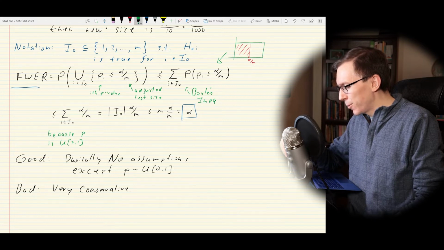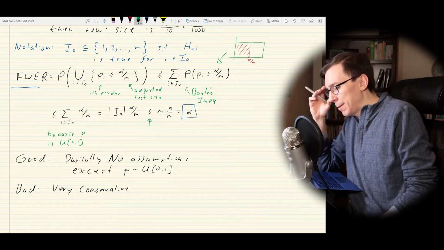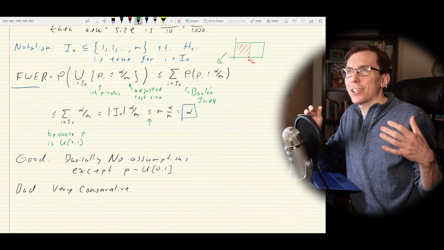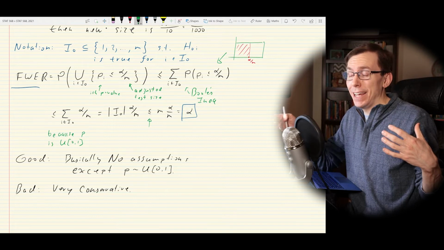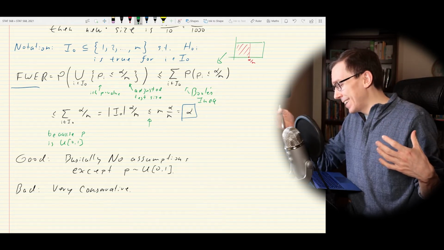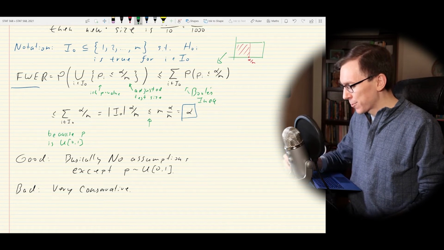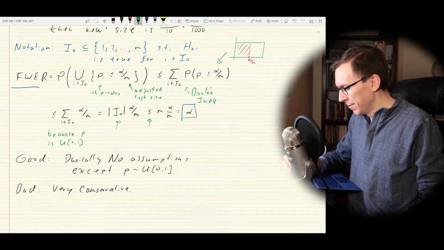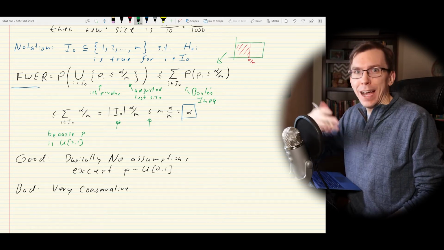Then this last inequality up here is actually an equality, but if only a small fraction of our null hypotheses are true, then we're really over penalizing everything, because we're rounding I naught up to m, which could be quite a big round up.